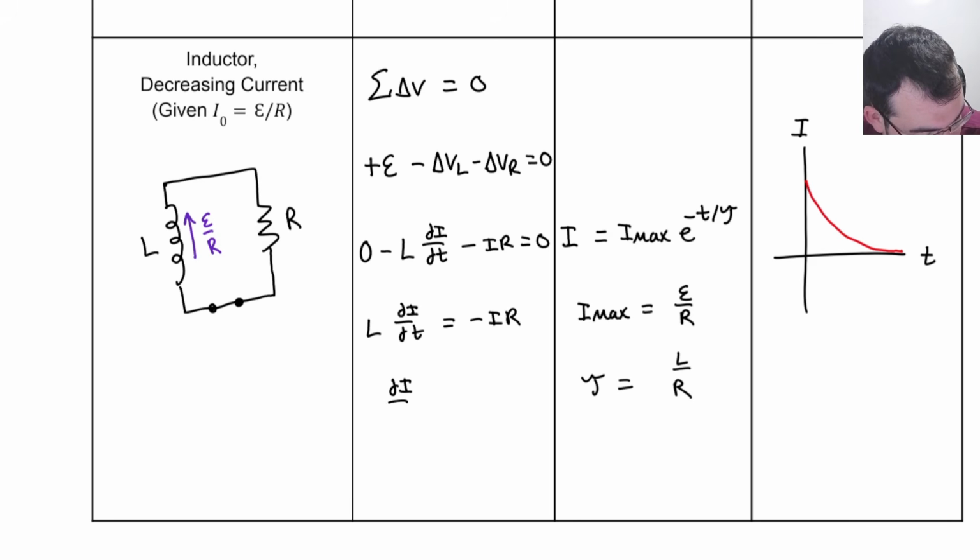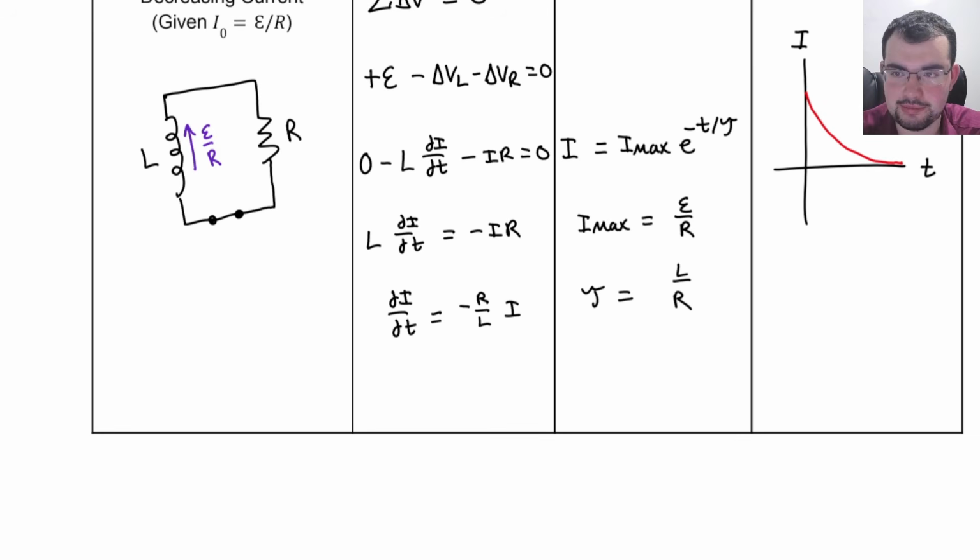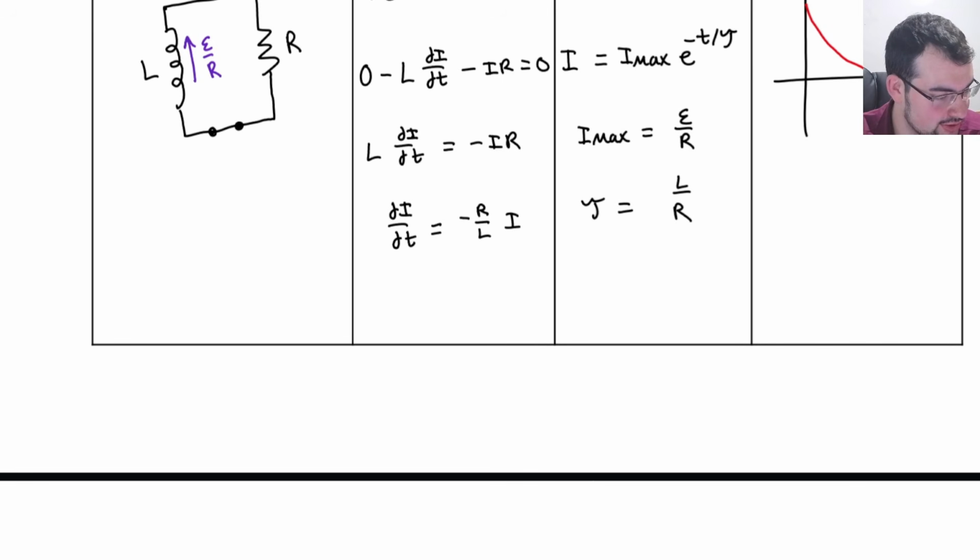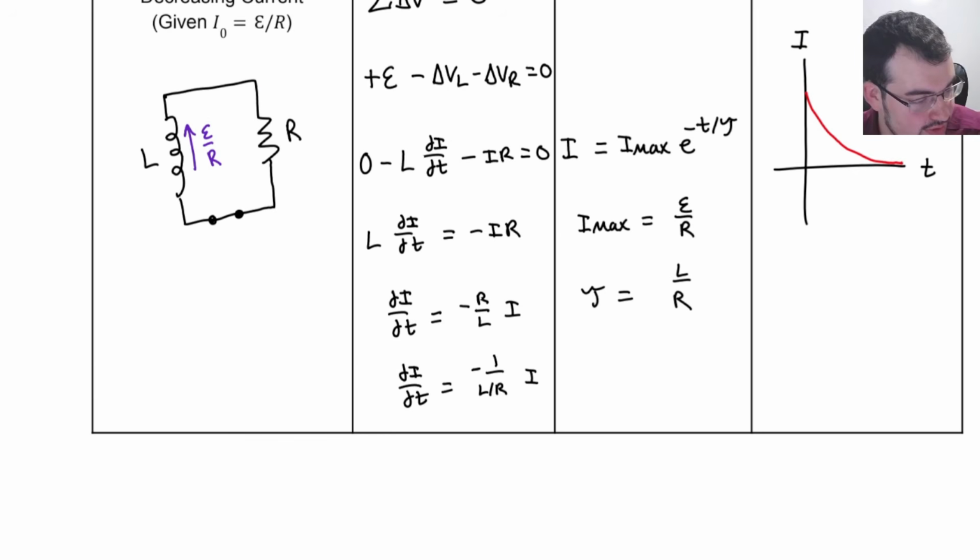Or you could solve this and get dI/dt equals negative R over L times I. But to write this in time constant form, the time constant is actually just 1 over this value. So to see why the time constant is L over R, you could write it like this. But that's not really necessary. I would actually just stop right here.